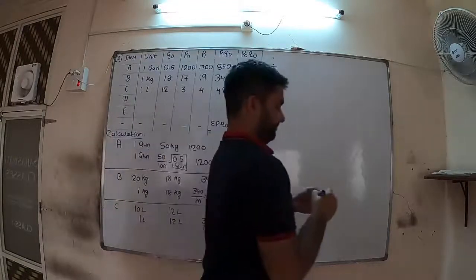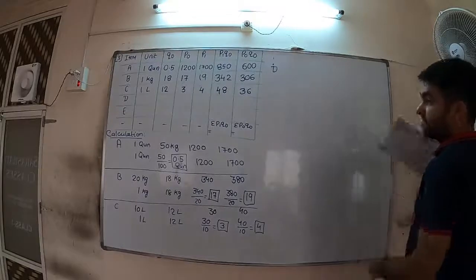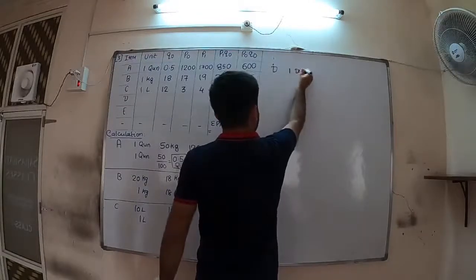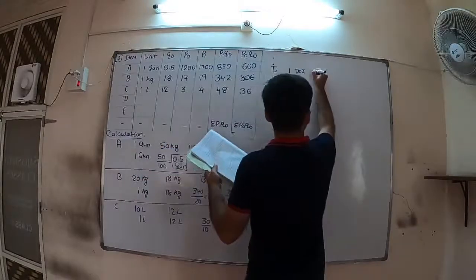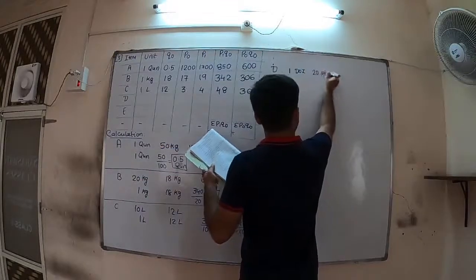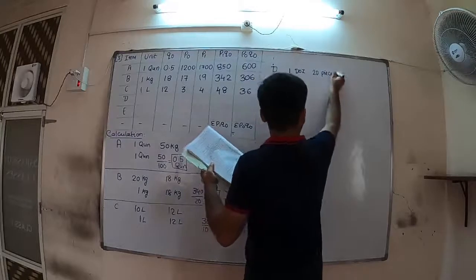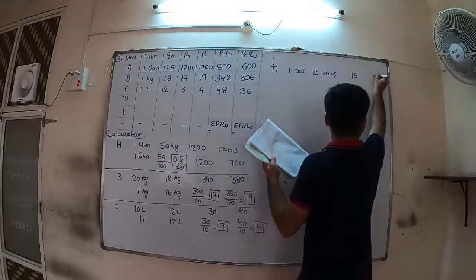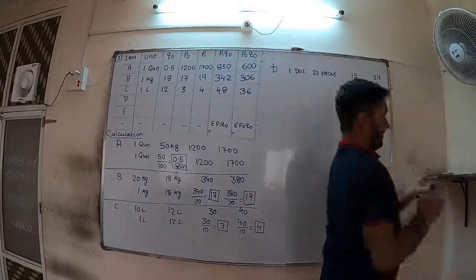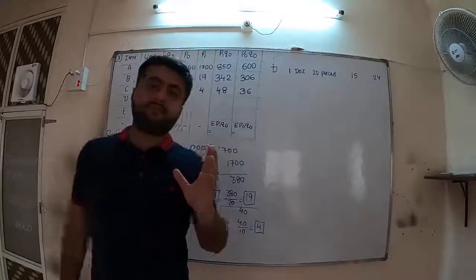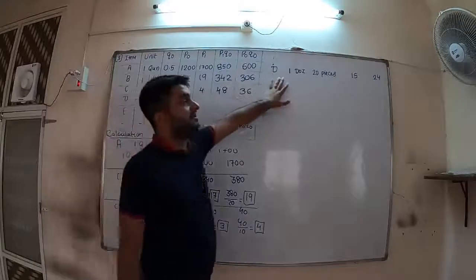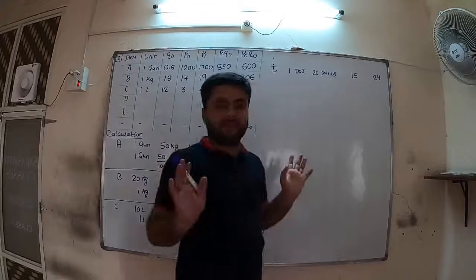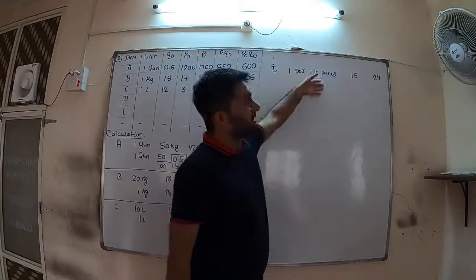Item D. One dozen, 20 piece, 15, 20. Now you always be careful when you are having a dozen. Okay? Horizontally units are not the same most of the time. Now if the unit is 1, try to change this.